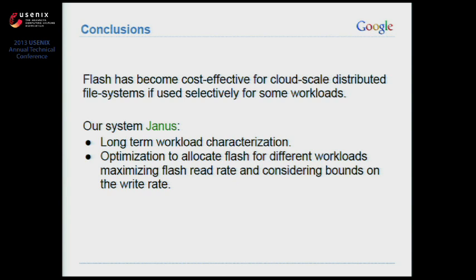It works with these characteristic cacheability functions and uses them to formulate and solve an optimization problem to allocate the Flash for the different workloads, and it maximizes the Flash read rate, but can also consider bounds on the Flash write rate. Thank you for your attention, and I'm ready to take questions.